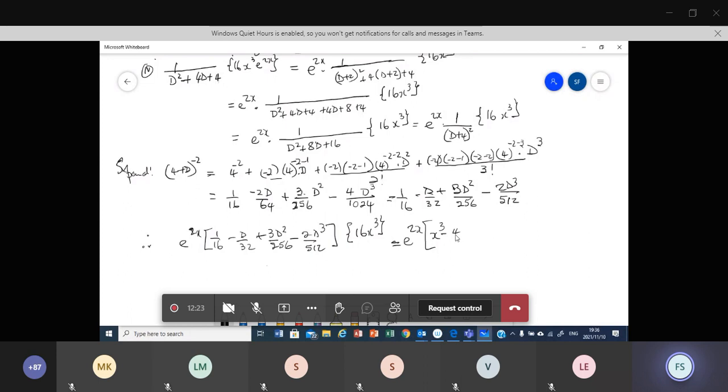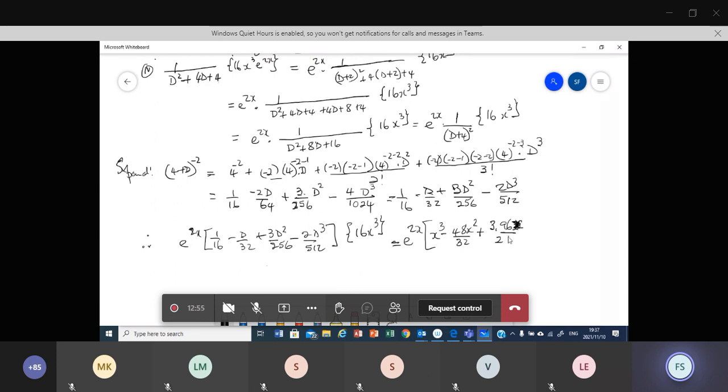So that is minus 48x squared over 32. Plus the second derivative: we have 48x squared, once more it's 96x. So it's 3 times 96x over 256.